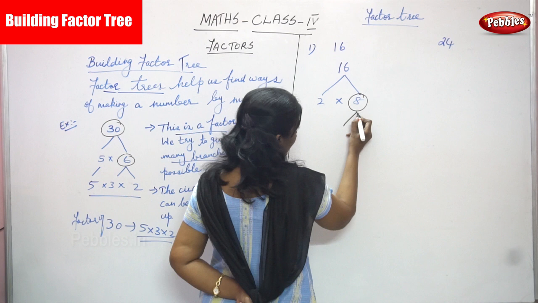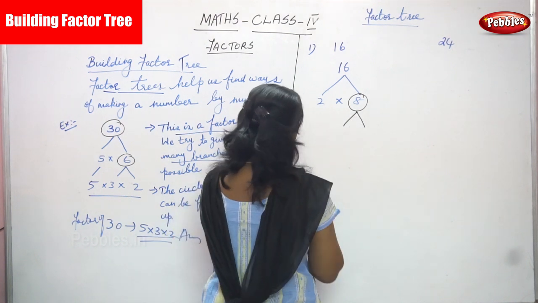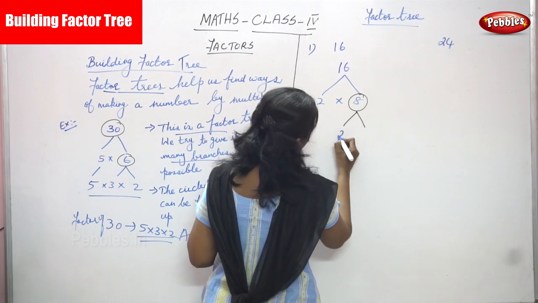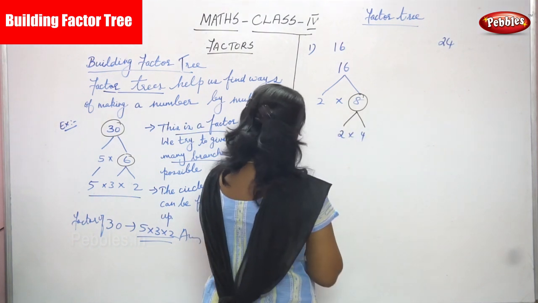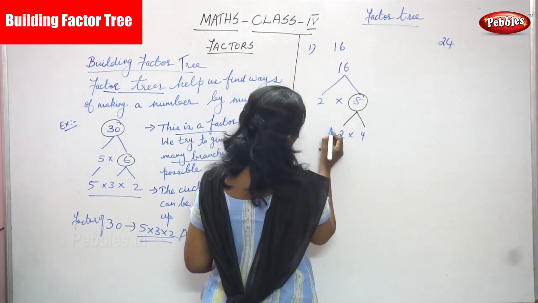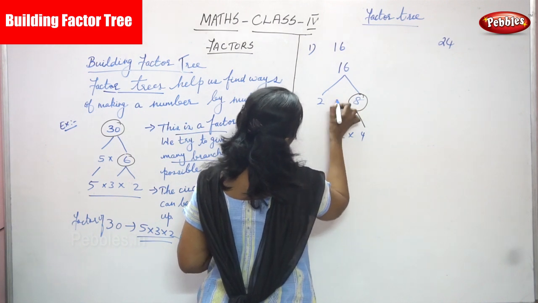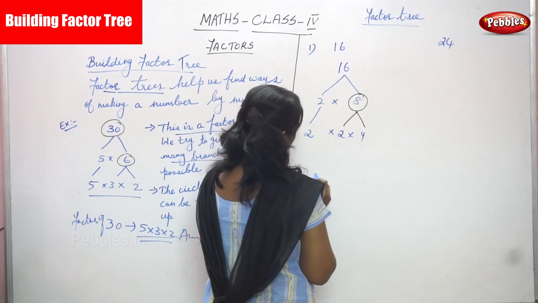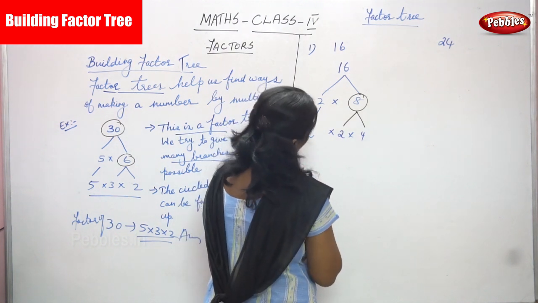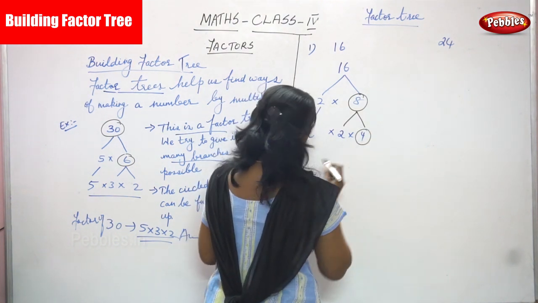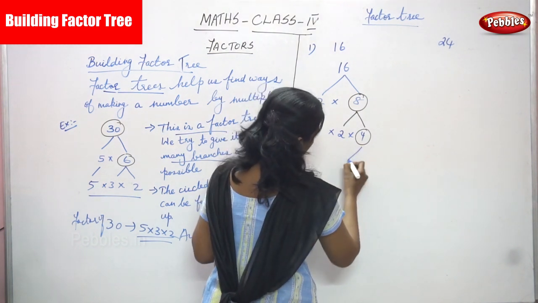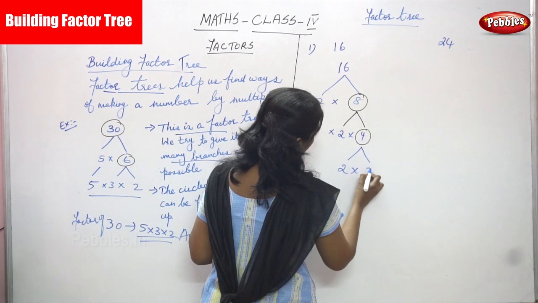Again you will get 2 into 4. Now I am going to circle the 4, which means I am going to find the factor of 4. That means 2 into 2.